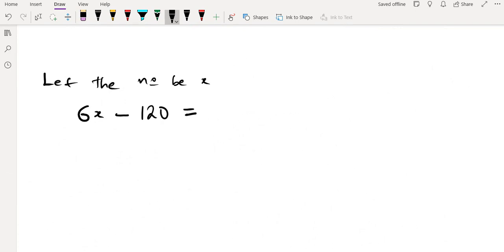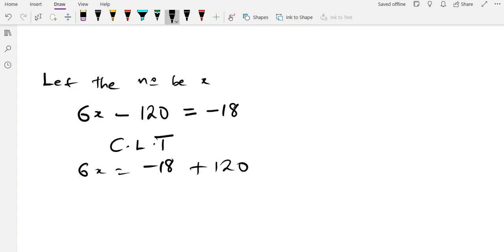So we collect 6x equals minus 18, and minus 120 crosses over to give you plus 120. So 6x is equal to 102.